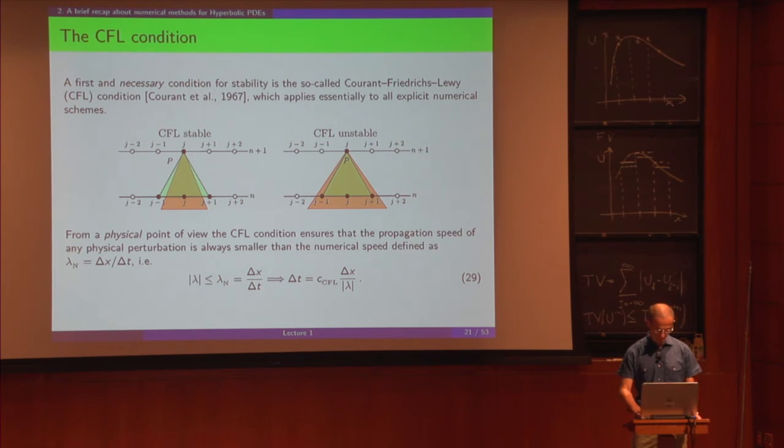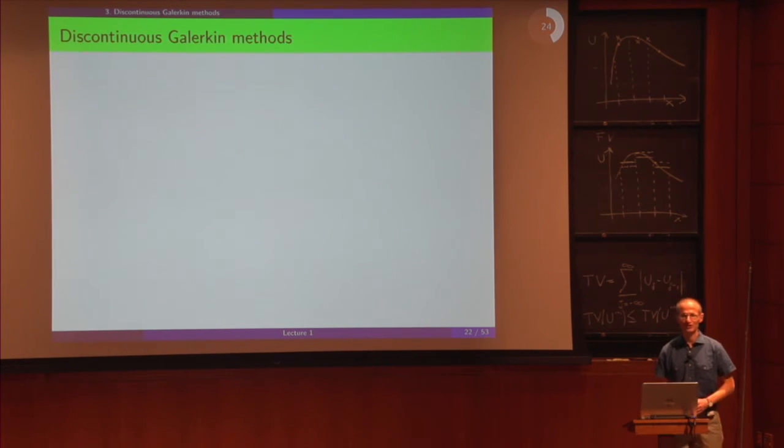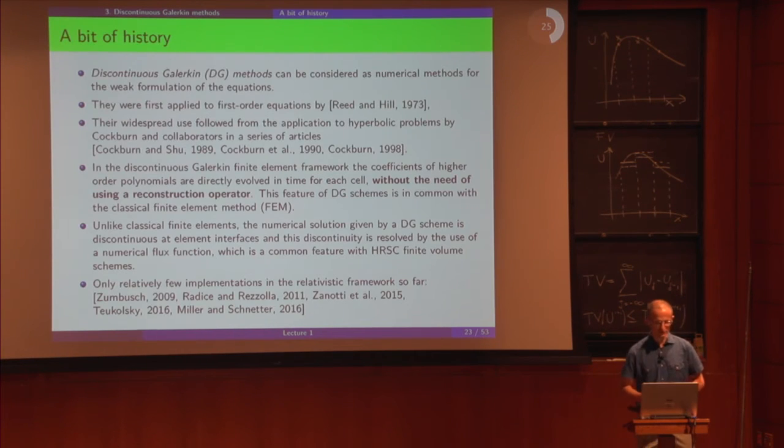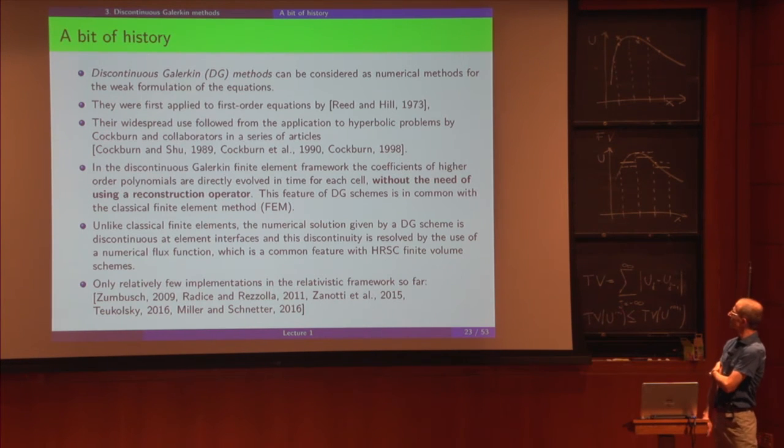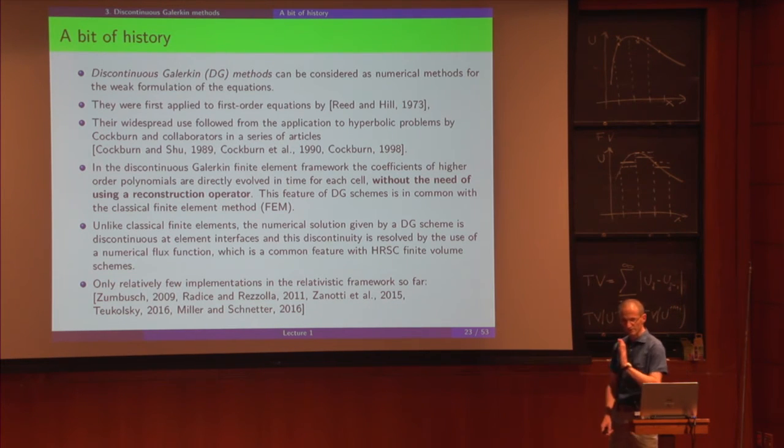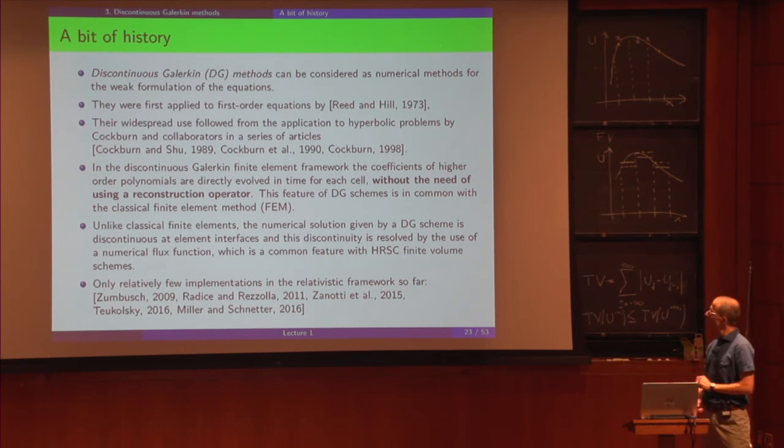All right, we have introduced all that I need for now for our transition to discontinuous Galerkin. So these methods require a little introduction. They can be considered as numerical methods for the weak formulation of the equations. We know already what a weak solution is, so at least we can understand this sentence. And they were first applied to first order equations a long time ago for the neutron transport equation.